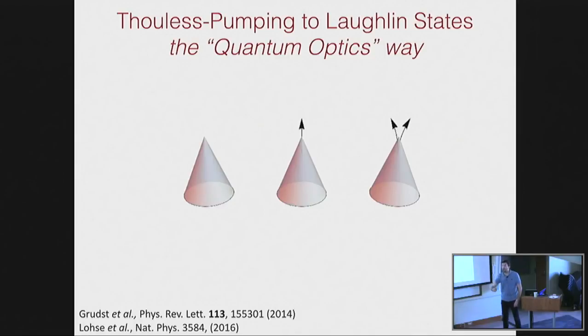So if you do that twice, you've essentially put 2 quasi-holes into your system. And that state has good overlap with the 2-photon Laughlin state if I just inject another particle at the cone tip. So you can think of it, what I'm going to plot actually is the root Jack polynomial as we do this flux threading.